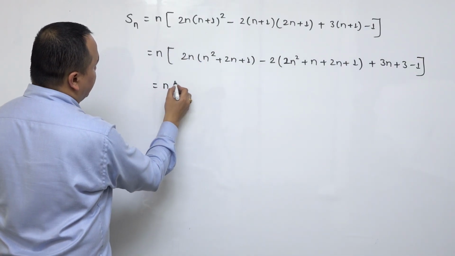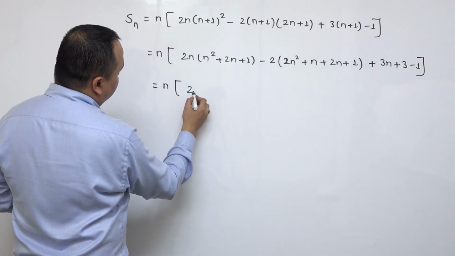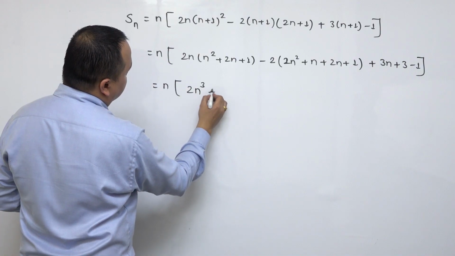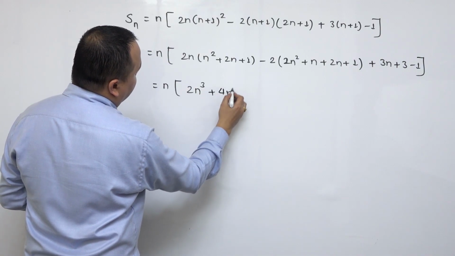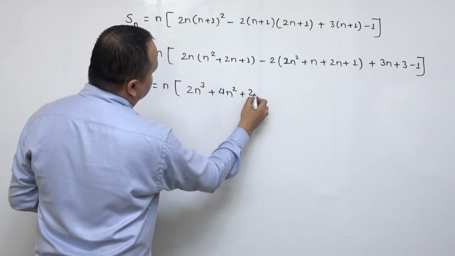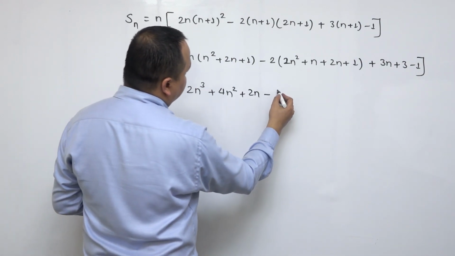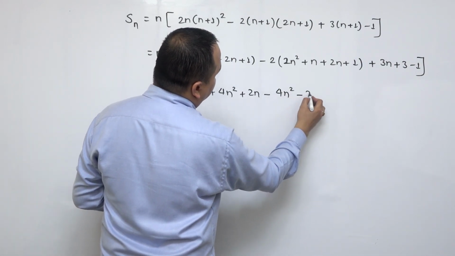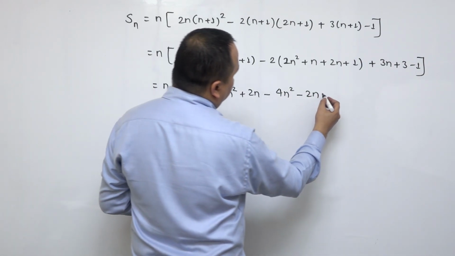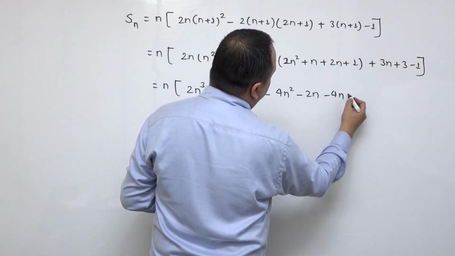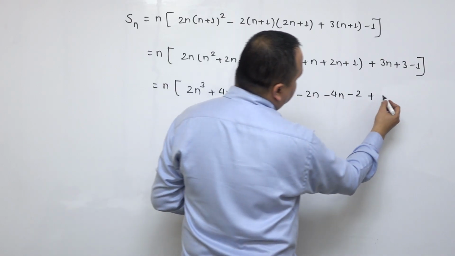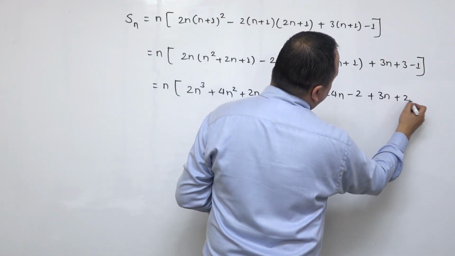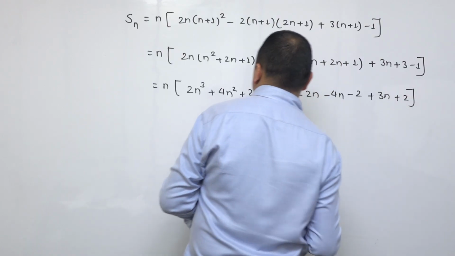And this is n times 2n cube plus 4n square plus 2n minus 4n square minus 2n minus 4n minus 2 plus 3n plus 2. 3 minus 1, 2.